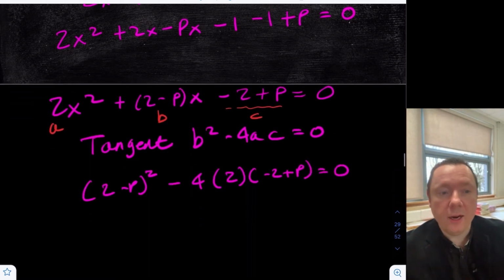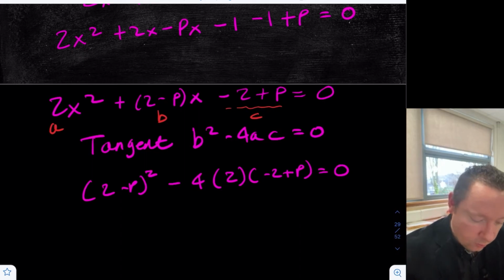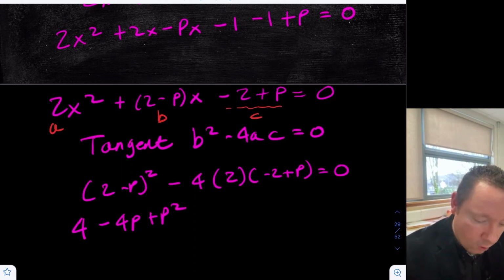Solving that, multiplying out the bracket, we get 2 twos is 4 minus 4p plus p squared. And then we've got minus 8 times minus 2 is plus 16. And then we've got minus 8 times p, so minus 8p equals 0.